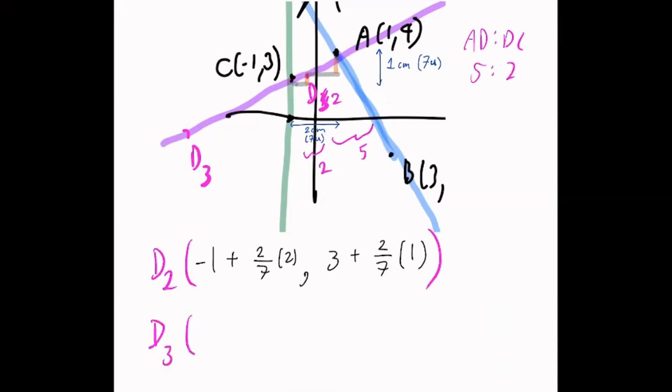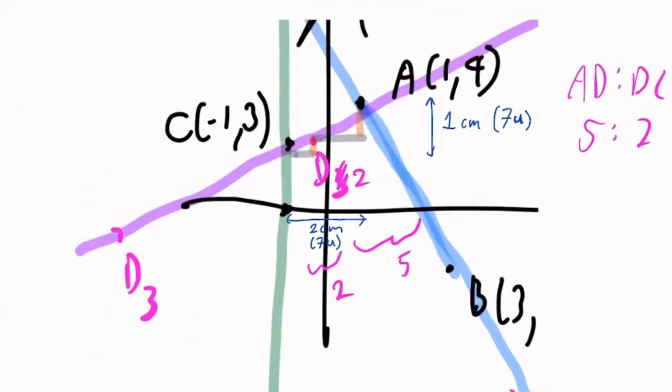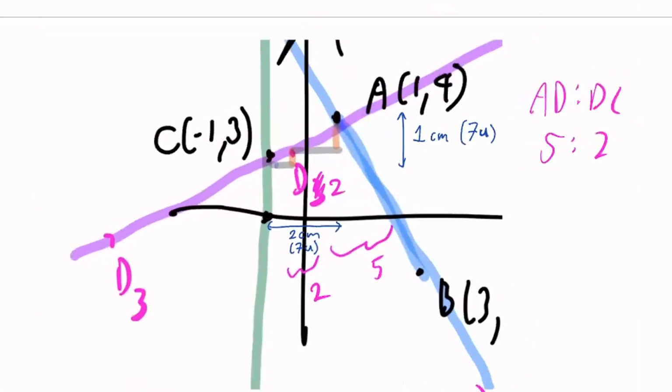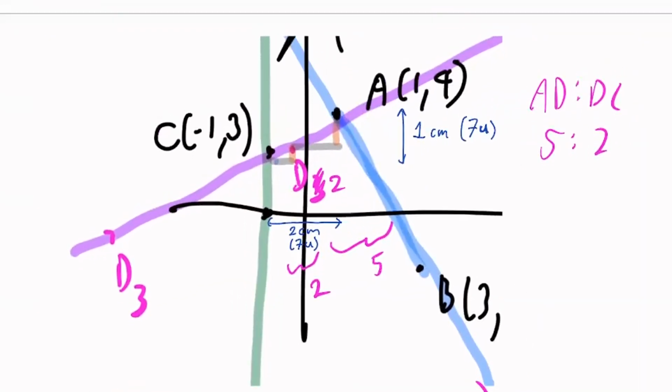It shouldn't be possible. Let's see. So maybe we draw another diagram. This is D3. I'll draw my triangle, but this time I draw in the opposite direction. What is the ratio again? AD to DC. So let's just draw a triangle like this, followed by this.